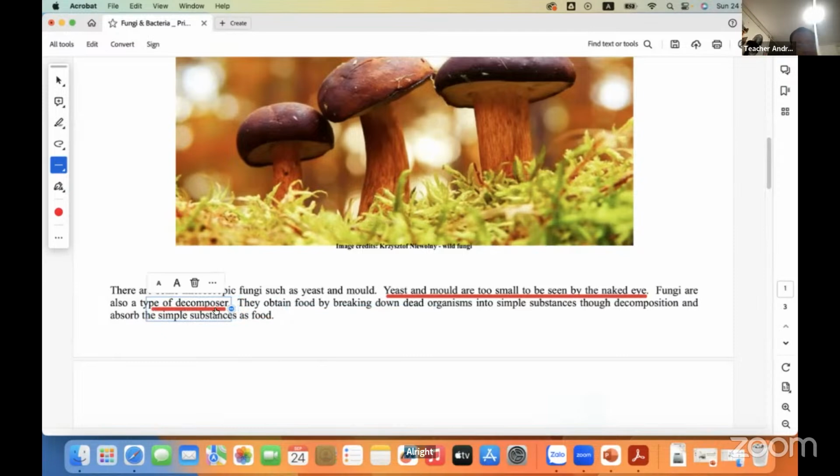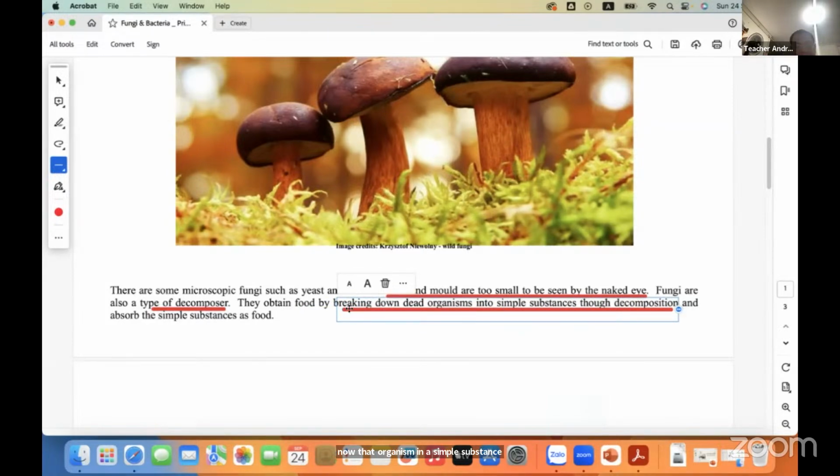Whatever I underline are all the keywords that you should know for this lesson. They obtain food by breaking down dead organisms into simple substances through decomposition.